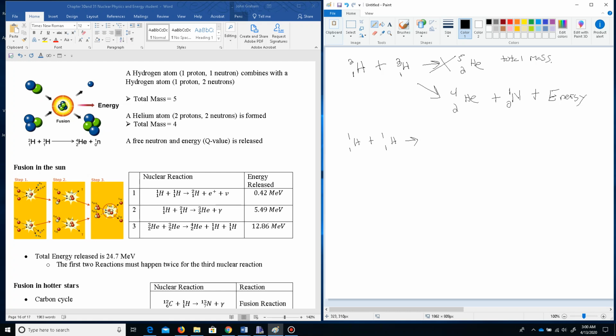Now you have 2 protons and no neutrons, which will be hydrogen. But then one of the protons converts to a neutron.